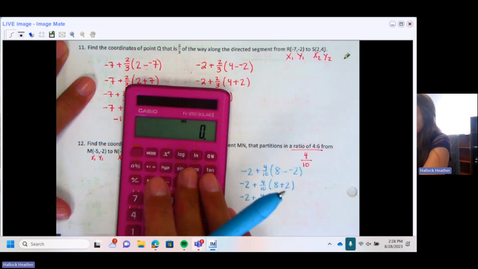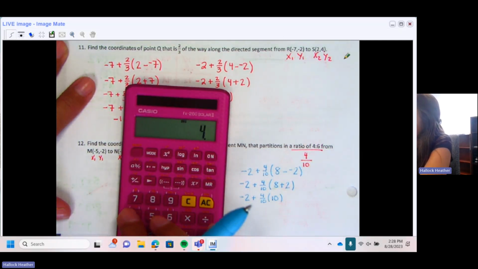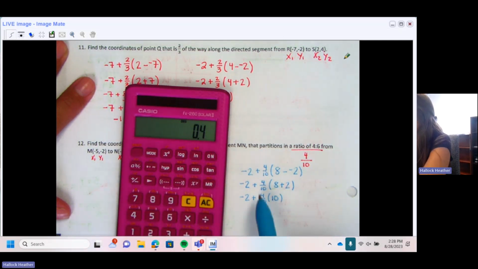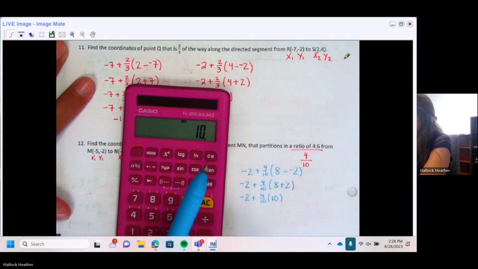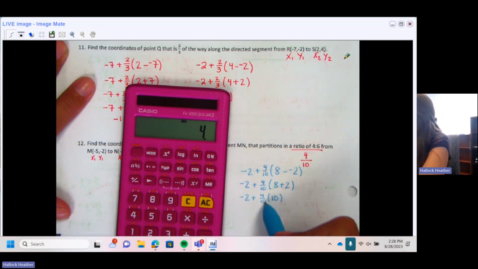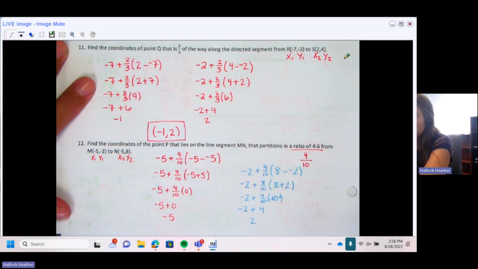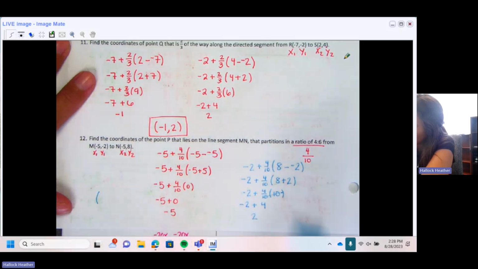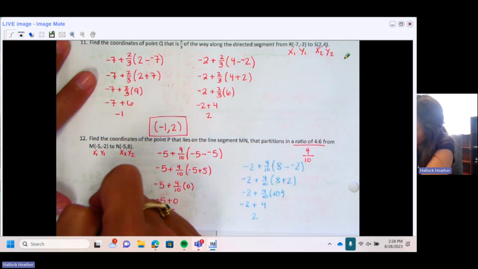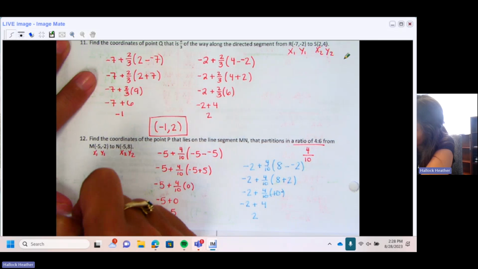It's a contradiction because they technically cancel. 4 divided by 10 is 0.4. I'm taking 0.4 and multiplying by 10. You get 4 because technically they cancel out. So you have -2 plus 4, which is 2. So the place where it partitions at 4/10 of the way is -5, 2.